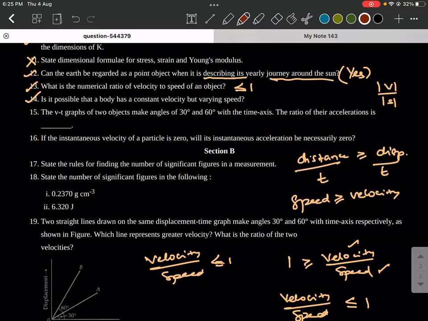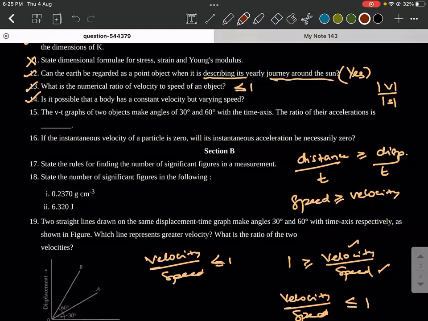Velocity is speed with direction. So when you say velocity is constant, speed of the object is constant and direction is also constant. So when velocity of the object is constant, how can you say speed will change? Is it possible?